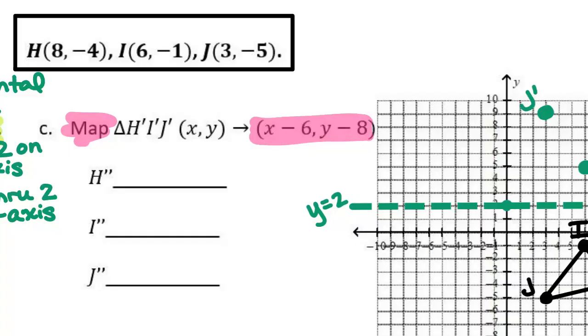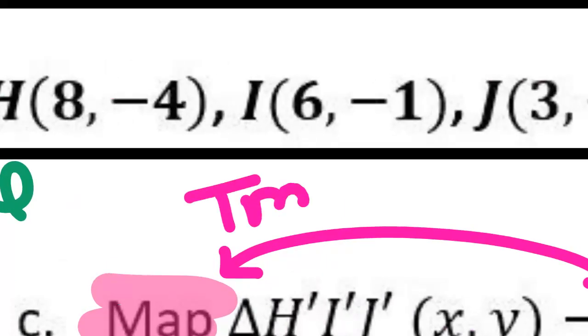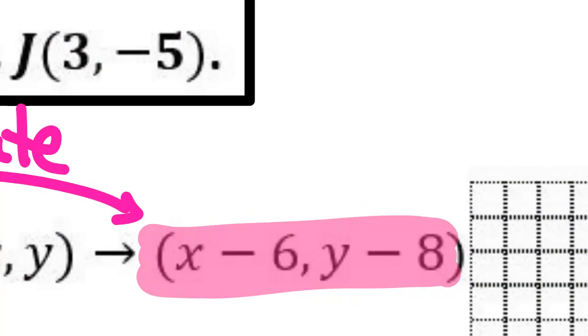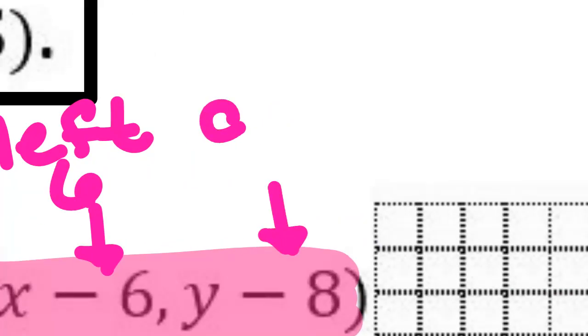We're going to change the y's by minusing 8 from them. This is a translation. Left 6 and down 8.